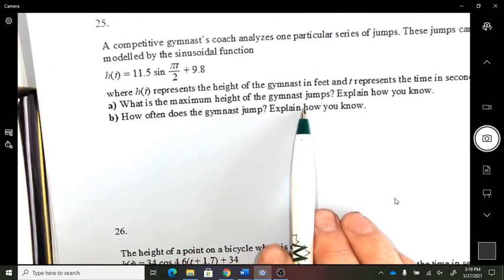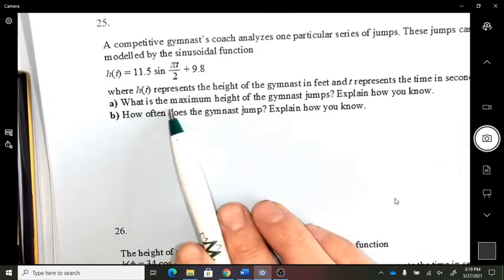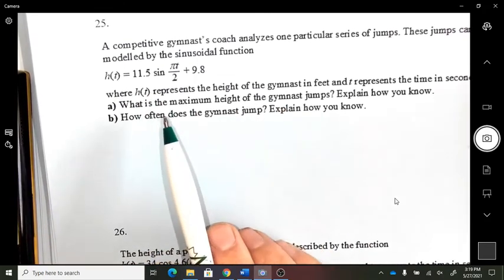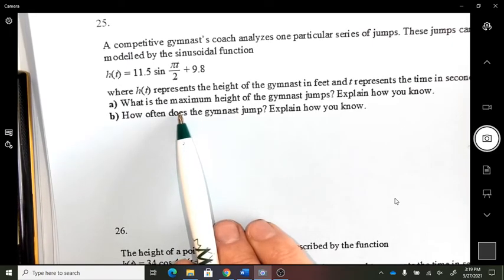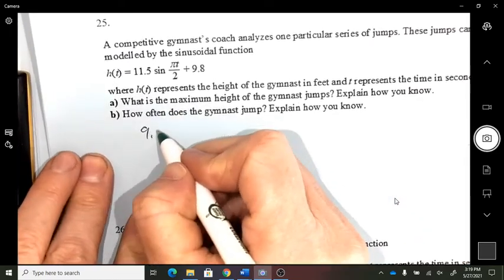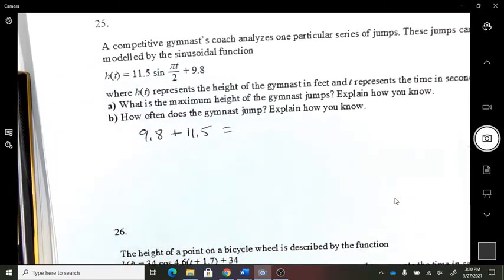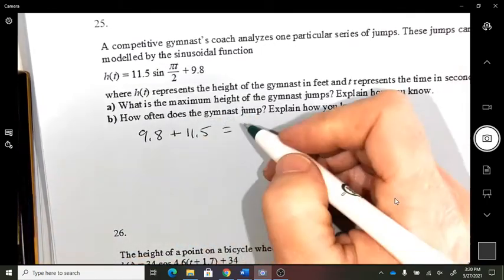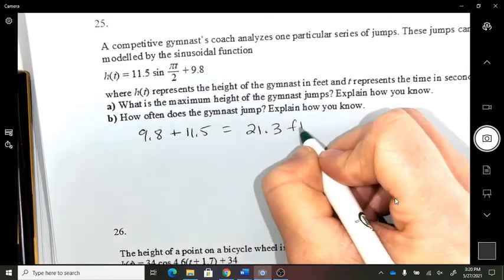Okay, so you can figure stuff out on your calculator, or what is the maximum height? How would you figure that out? Just by not using your calculator. 9.8 is middle, plus 11.5. 21.3 feet.